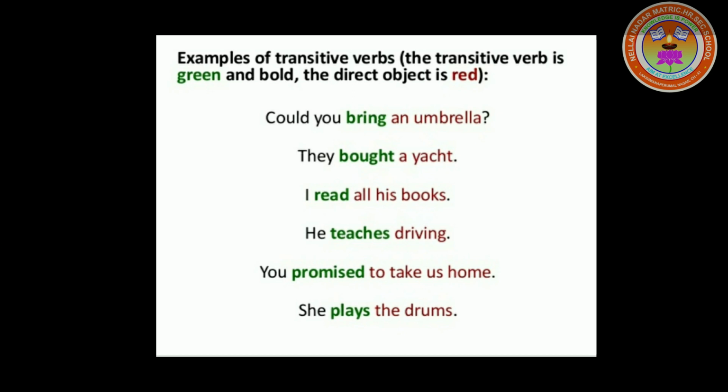He teaches driving. You promised to take us home. She plays the drums. So in this, all the green, which is bold, are transitive verbs, and the red ones are direct objects. So in sentences of this category, the verbs are transitive.